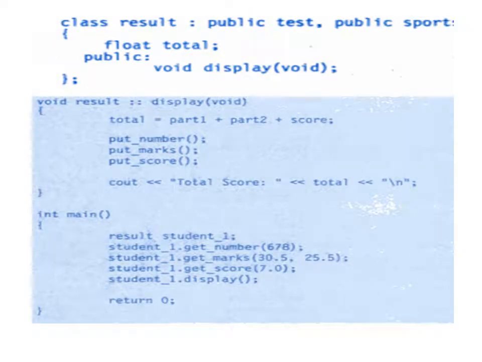Different functions. Again, class result is going to be the child class. Here both the derived classes, test and sports, act as base classes. So here in this derived class only one copy of my inherited properties is going to be there. Then in the main function, I'll be creating an object of the derived class result, named student1.